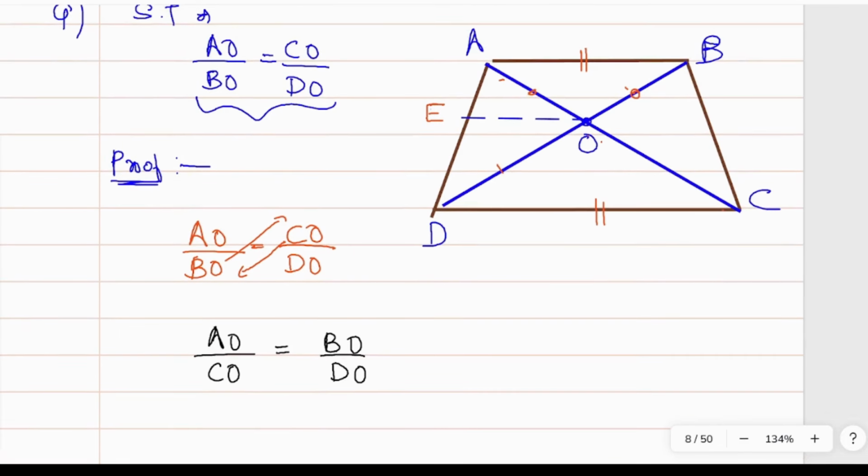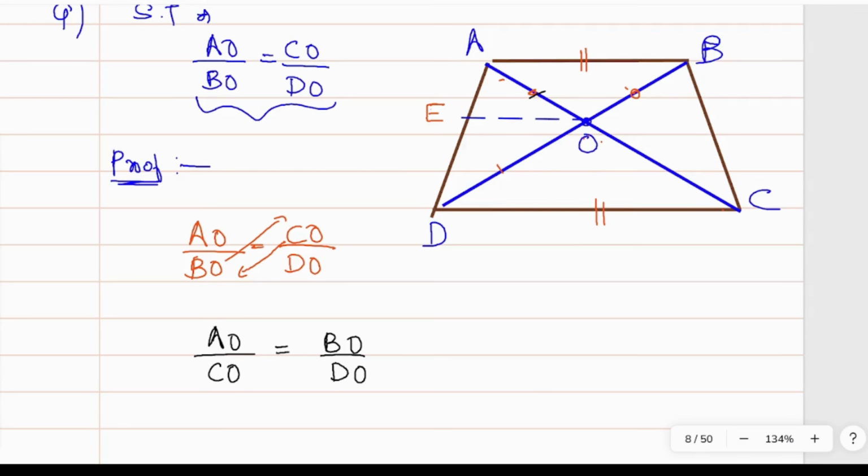Now look, what is AO by CO? So this by this, right? And if you are checking here, the other part is BO by OD. So what I decided here is that now it is easy for me to solve the question.